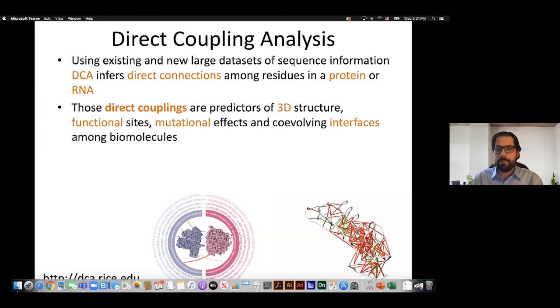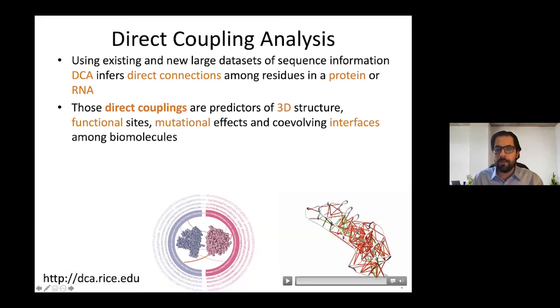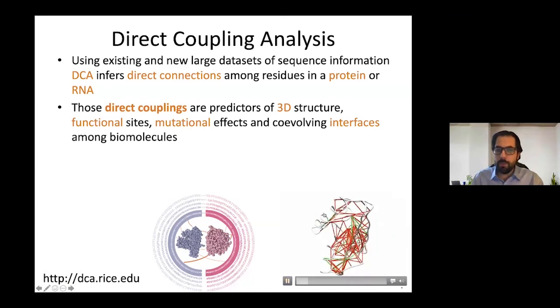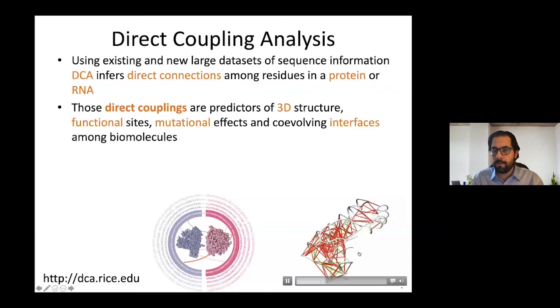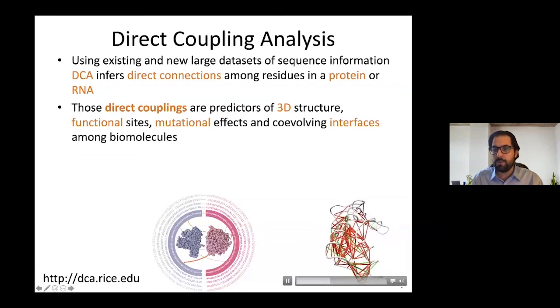If you notice in a video that I'm showing here, this is the structure of a protein shown in blue, and the red links are representing the top most important connectivities among those positions.